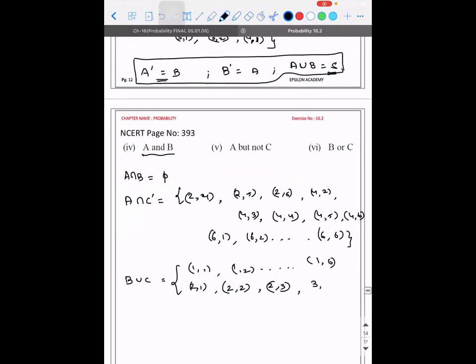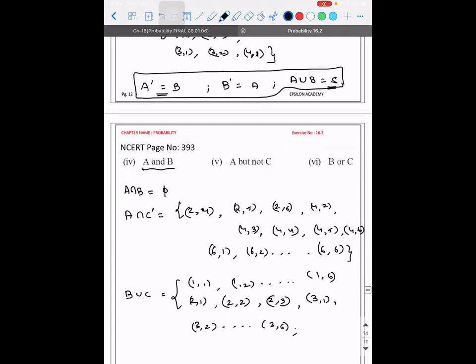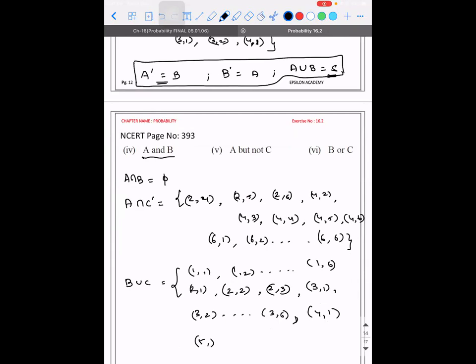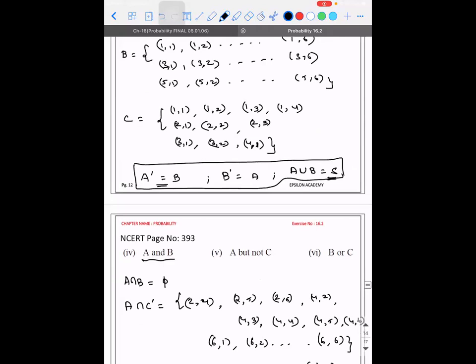And (3,1), (3,2), so on till (3,6). Then (4,1). Then (5,1), (5,2), so on till (5,6).